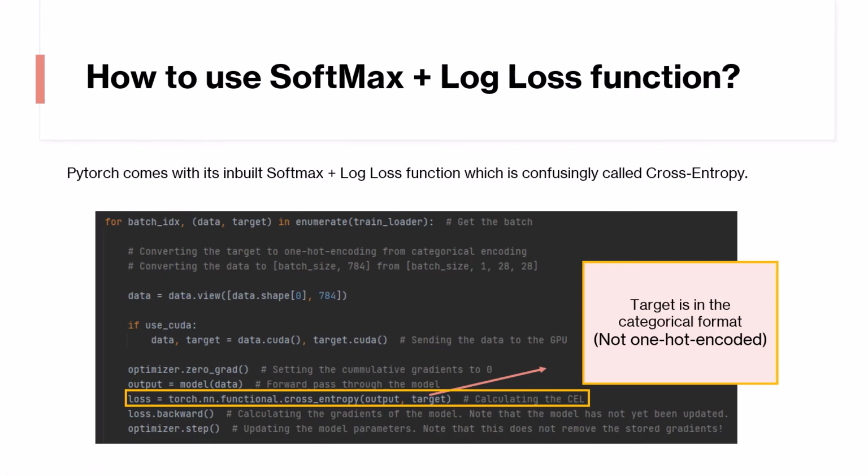What it means is that the target has a value of 0, 1, 2, 3, 4 and so on. It is not like 0, 0, 1, 0, 0, 0. So you do not need to pre-process the target to convert it into a one-hot encoded vector. You can directly use the target returned by the data loader of MNIST. So this is how you implement softmax plus log loss in Pytorch.